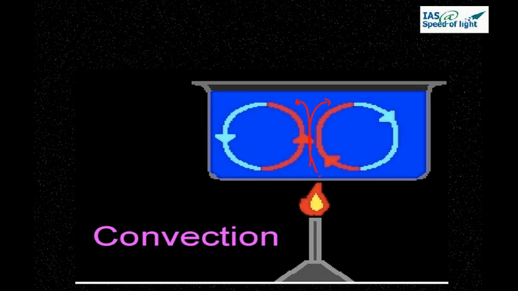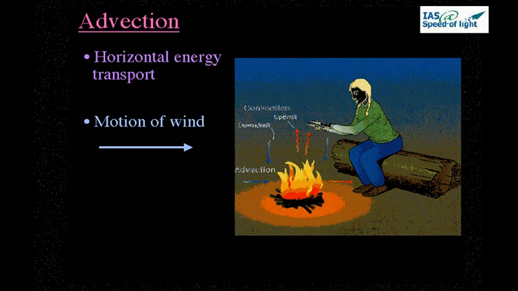Gradually it will cool off, and after cooling off, it will become more dense, and then it will sink. Then again the whole process will start. So rise and sink, rise and sink, which is the vertical motion of energy. Convection is the vertical motion of energy.